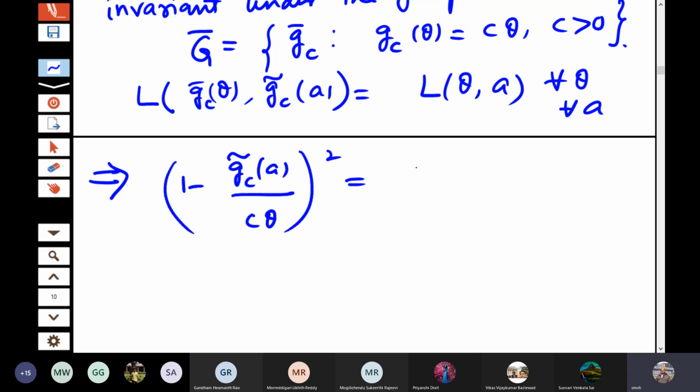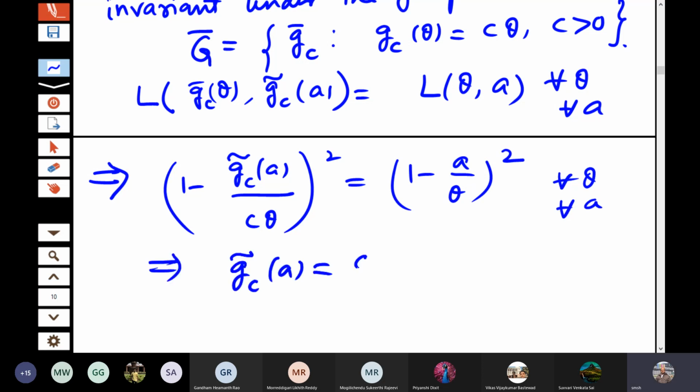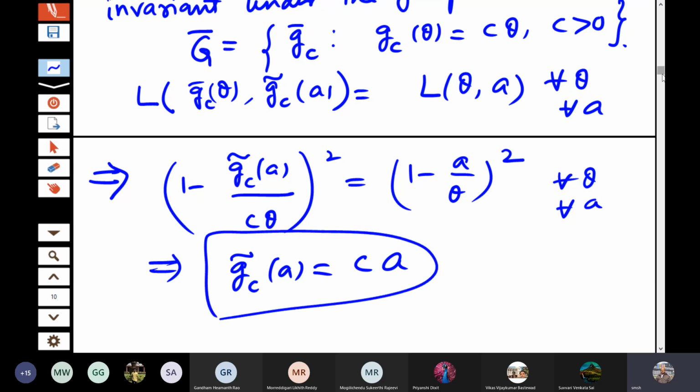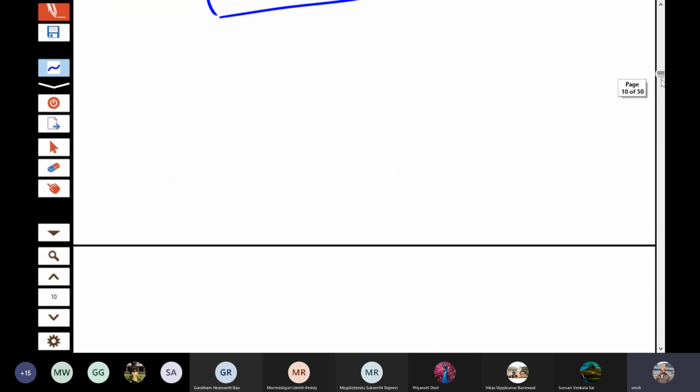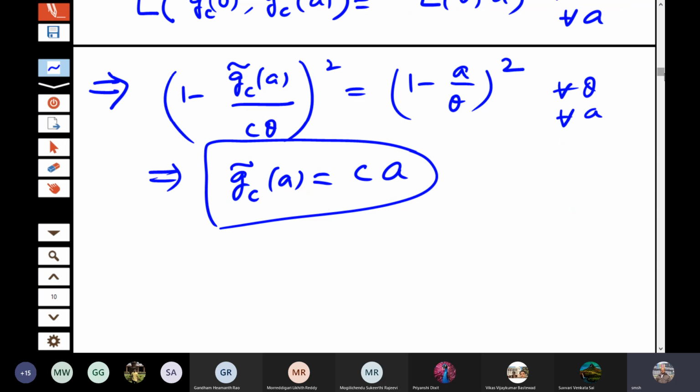This should be equal to 1 minus A by theta, squared. So this implies that GC tilde A should be equal to C times A. So this is the induced group of transformations on the estimation space, and then the estimation problem becomes an invariant estimation problem.